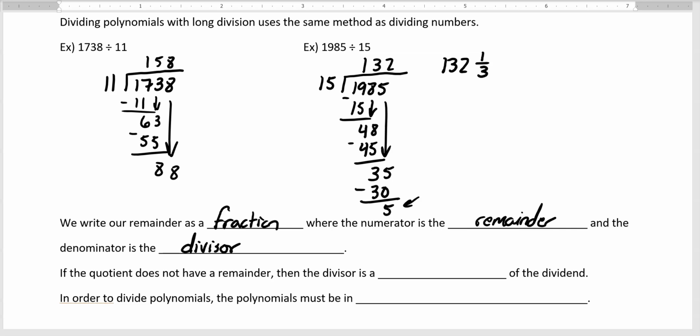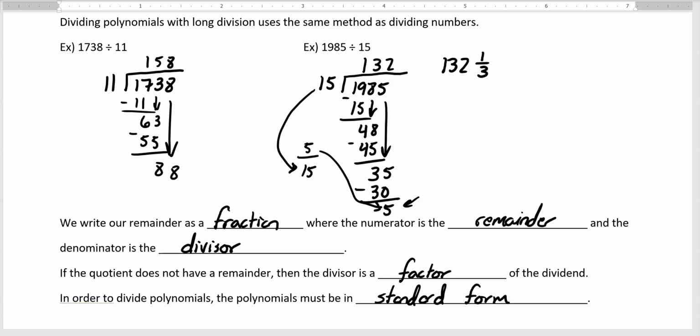So that's how we got the 5 over 15 up here. 5 was our remainder, and 15 was our divisor. If the quotient does not have a remainder, then the divisor is a factor of the dividend, of course. And in order to divide polynomials, the polynomials must be in standard form, our good friend.